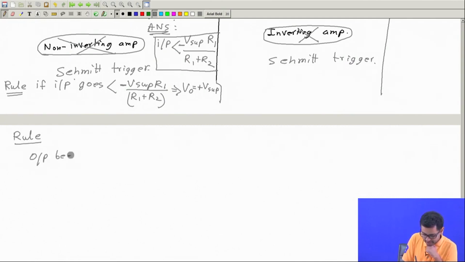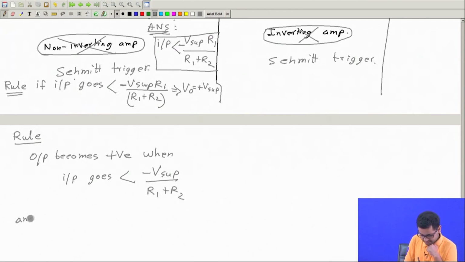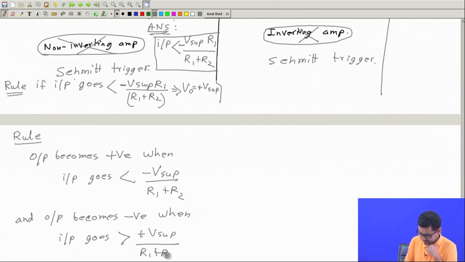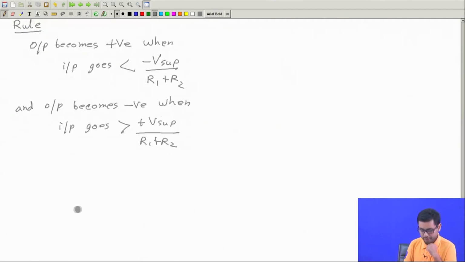Output becomes positive when input goes below, and output becomes negative when input goes above.